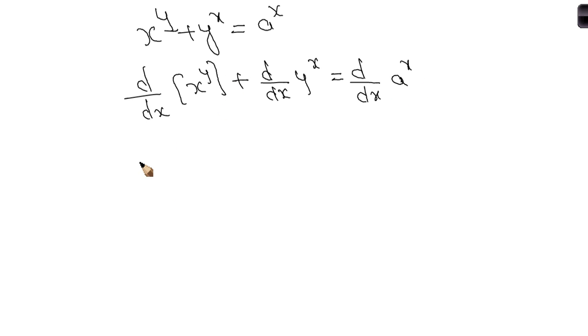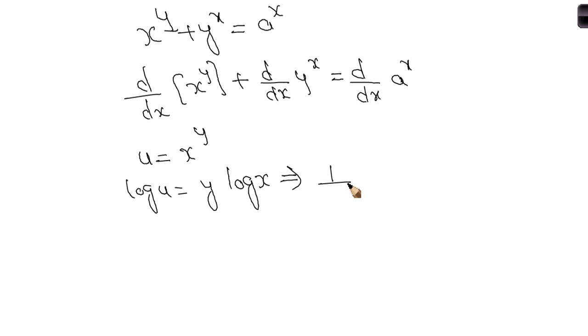So take the x power y function. Let u is equal to x power y. It implies log u is equal to y times log x. Differentiating both sides with respect to x, 1 by u into du by dx is equal to y times 1 by x plus log x into dy by dx.